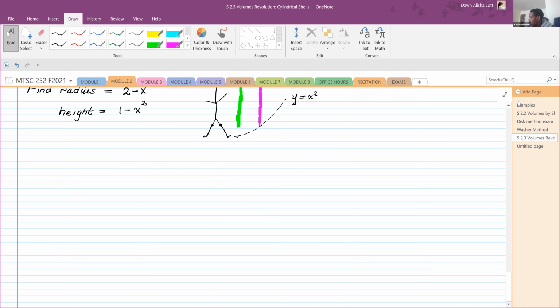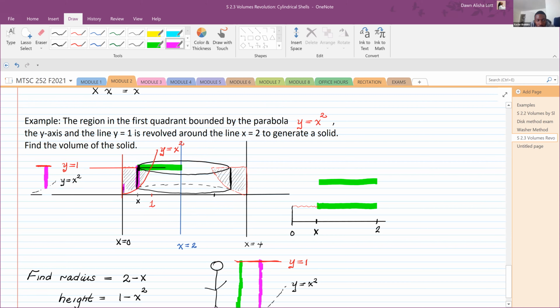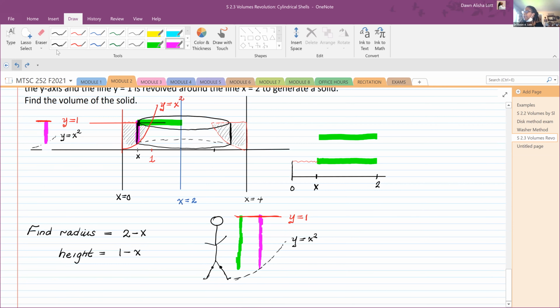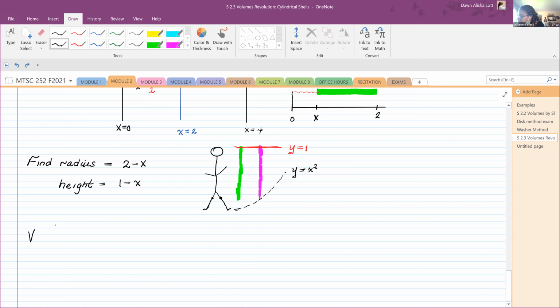This line can start all the way over here and go all the way up until x equals 1, so it starts at 0 and goes to 1. I need 2 pi.